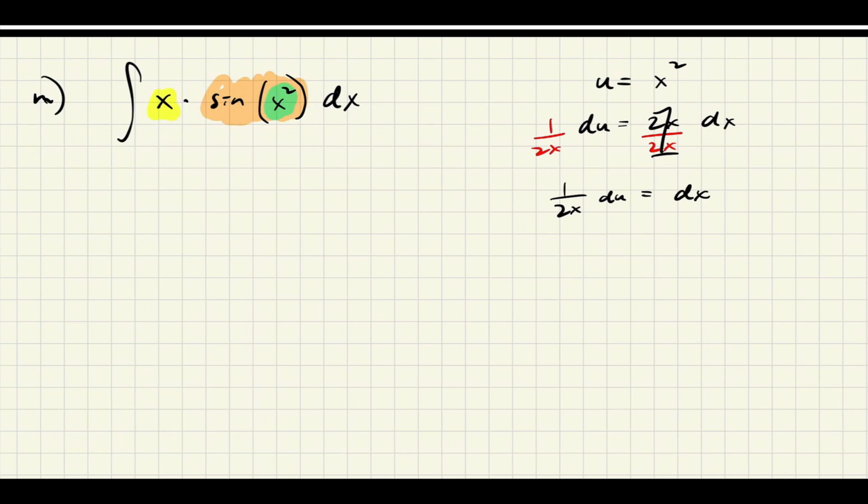Okay, plug everything back in. x times sine of u times 1 over 2x du. The x's are going to cancel out.